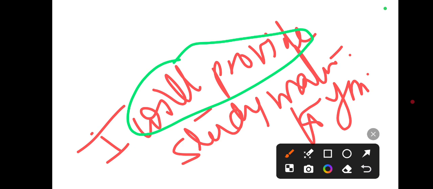Now, the difference between will and shall. Please take care, because will is a very common verb which is frequently used in many sentences. Shall is much less modern.